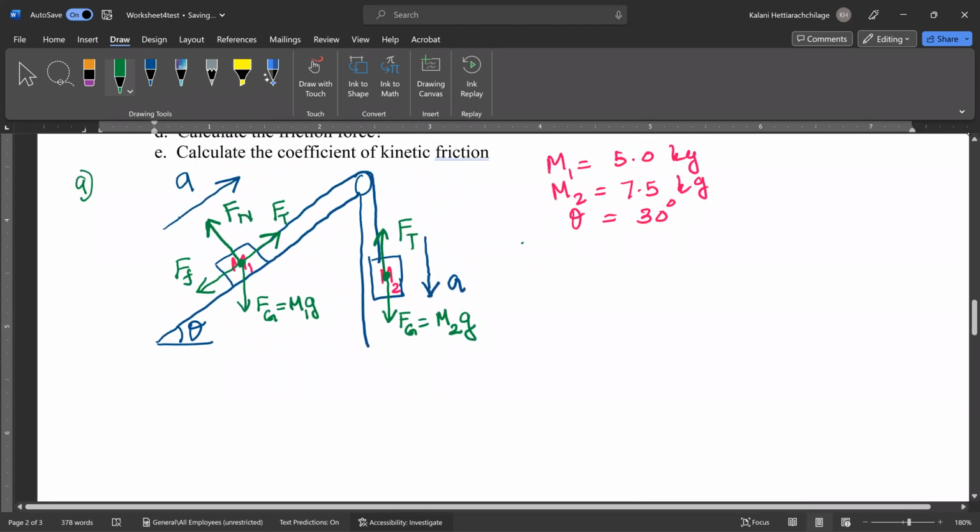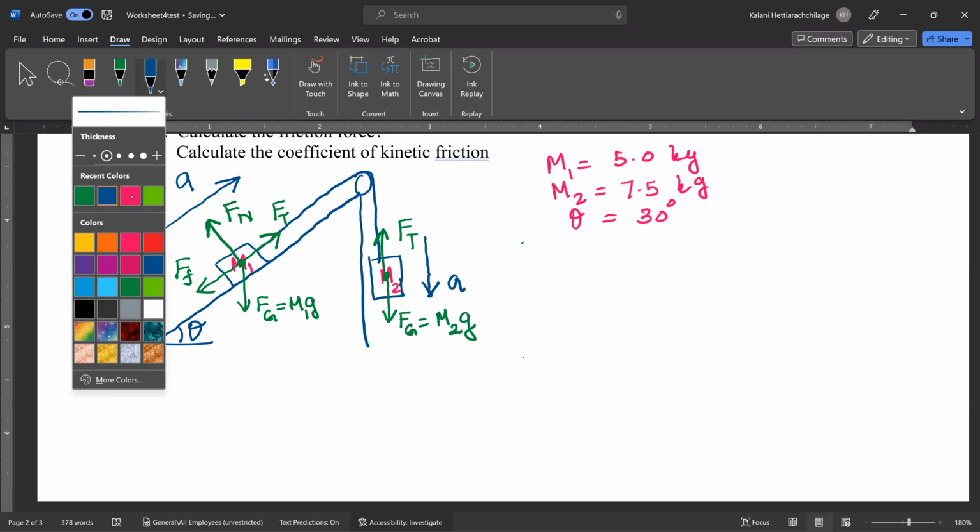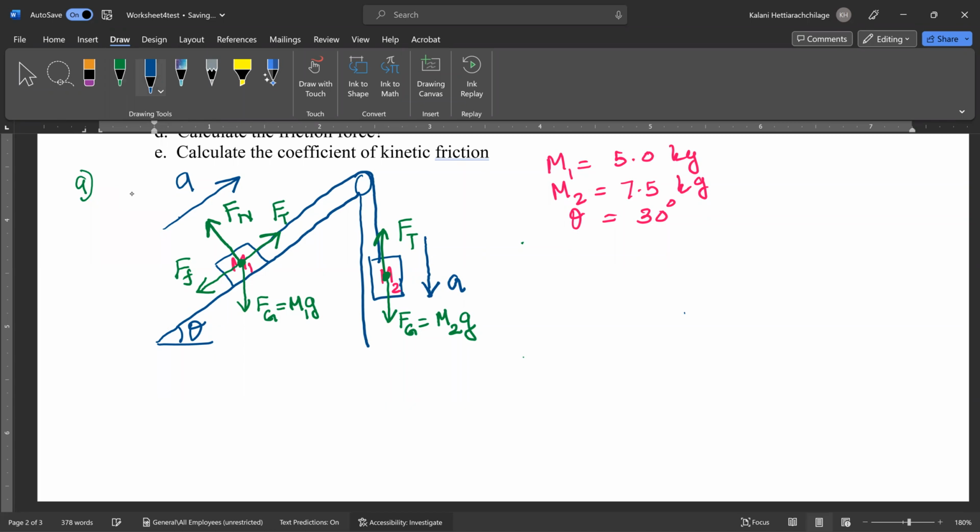Okay, so now the next step is drawing your X and Y axes for M1 and M2 separately, right? For M1, it is my suggestion, and it is the easiest way to solve the problem: if you have an inclined plane, don't choose your regular X and Y directions.